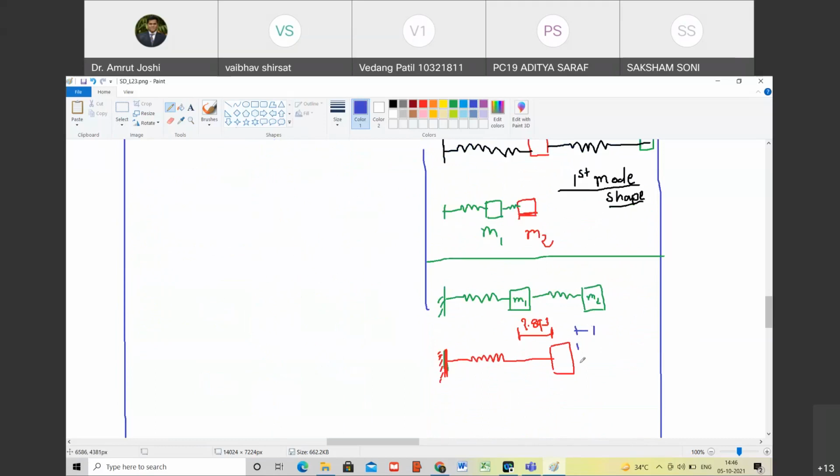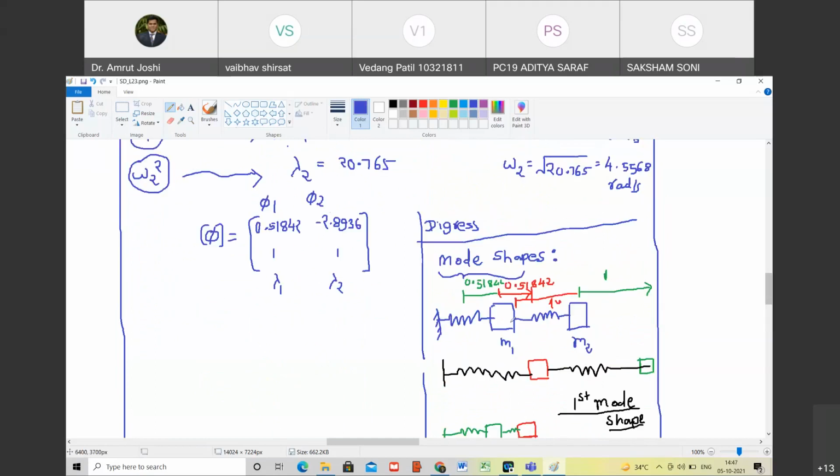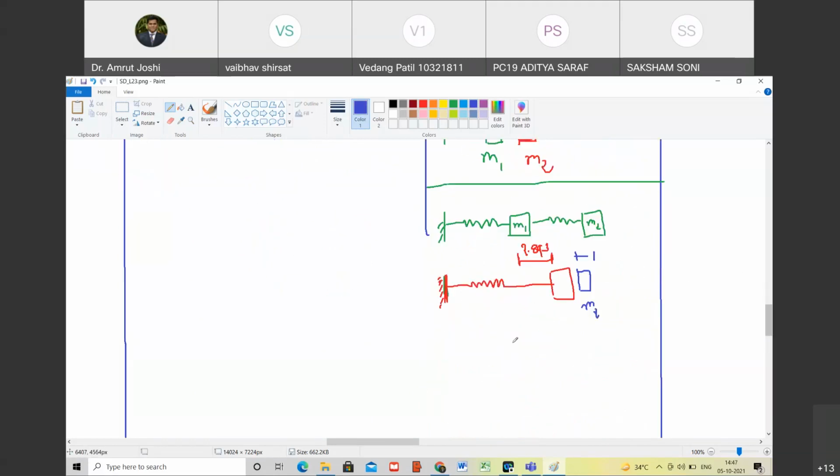So M2 will be somewhere here. Are you able to understand this? Yes, sir. या फिर उल्टा, if mass M1 moves towards left by 2.893, mass M2 will move towards right by 1 unit. Happy? Yes, sir. That we will call mode shape 2.